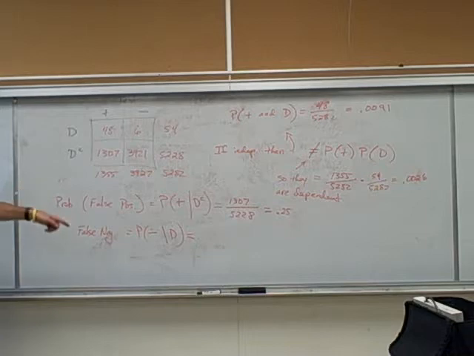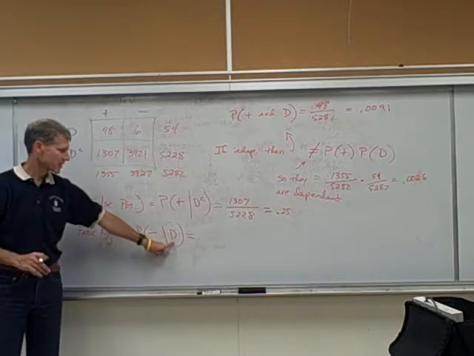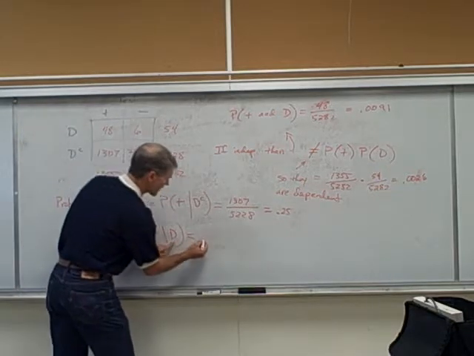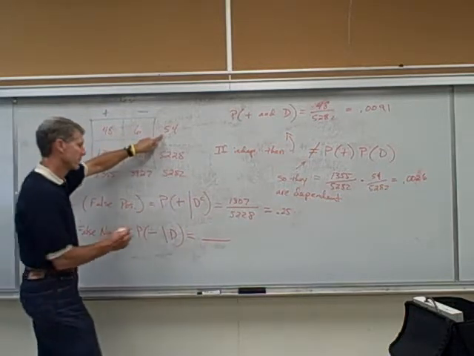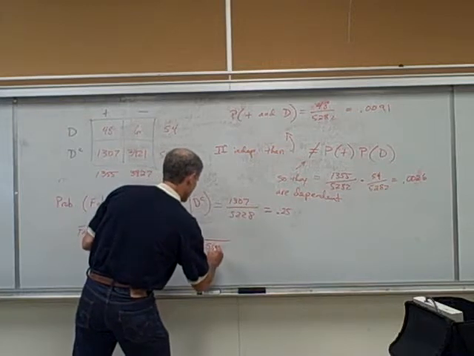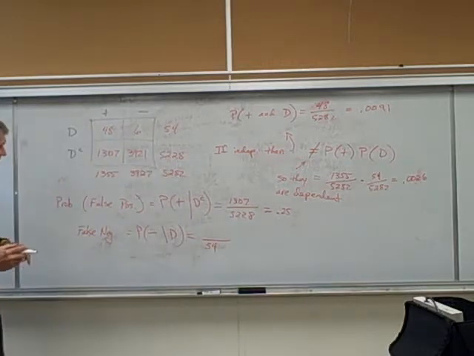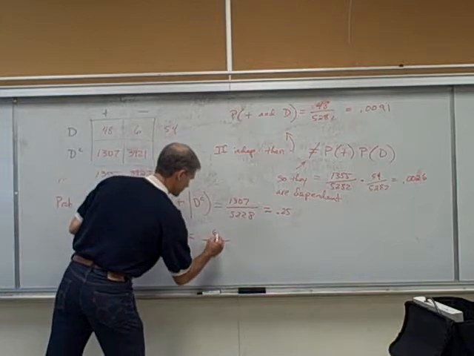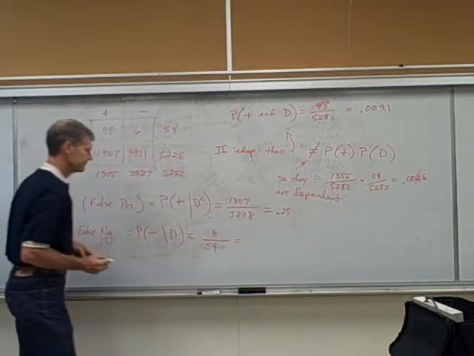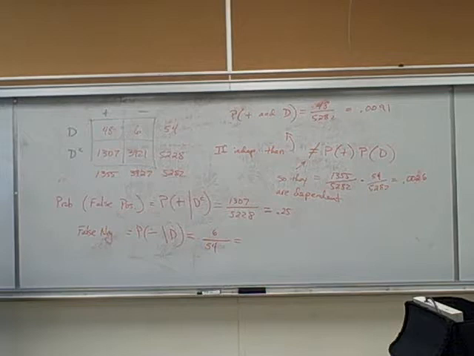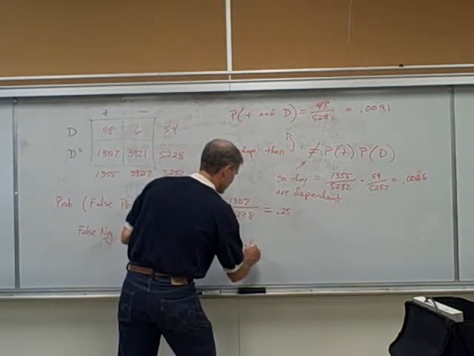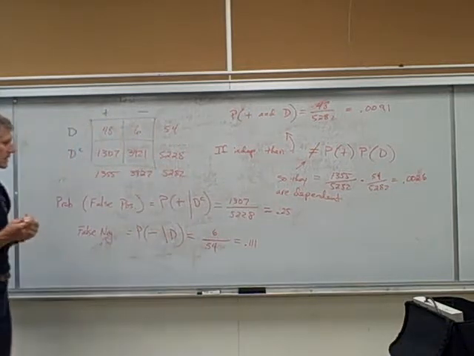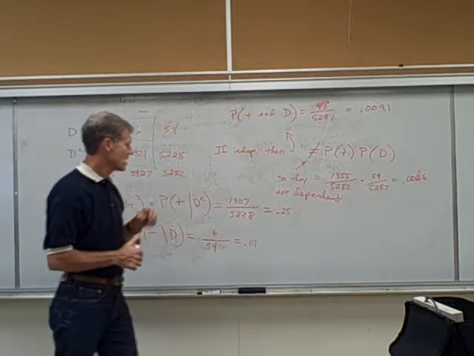Same thing as before. Now I'm going to condition on the D, so that goes on the bottom of the fraction. The number that were D was 54. And 6 of them tested negative. What's that? 0.111. So there's an 11% false negative rate with this.